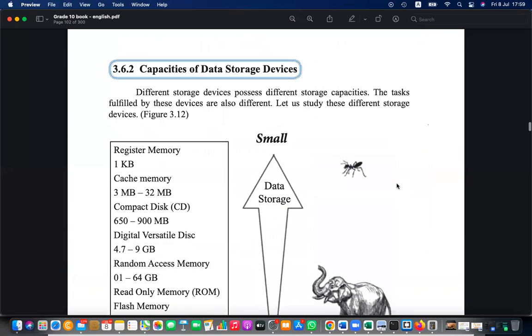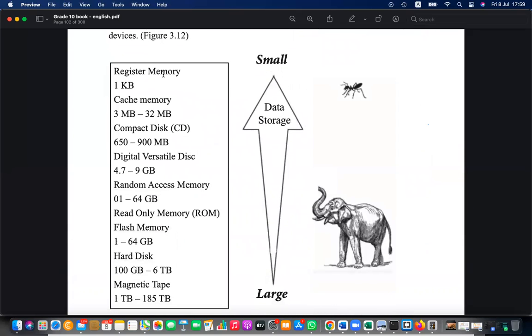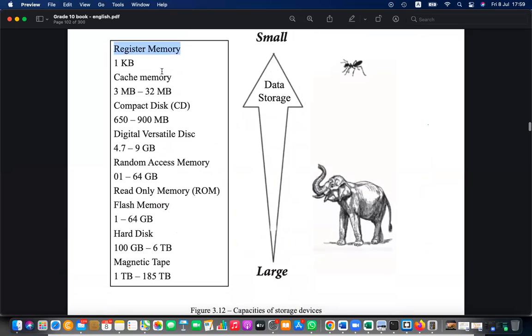So it grows, right? You can see registers in KB, the smallest memories. Cache memories are at megabyte level. CDs are also at megabyte level, higher megabytes. But DVDs, they are mentioning only the double side DVD. There are more DVD types. According to your book it is 9 GB, but it can go up to 30 GB.